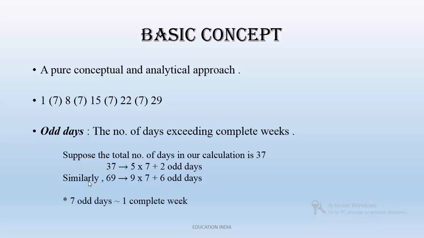One important thing to keep in mind while solving problems is that 7 odd days constitute one complete week. In problems, whenever we see that there are 7 days in any calculation part, 7 odd days will add up to one complete week. To make it more clear, we will see it in the subsequent examples.